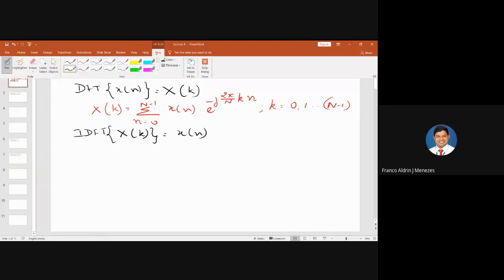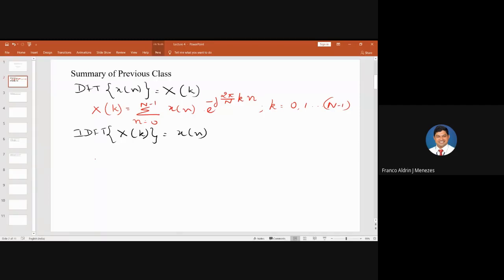In that case, x of n was equal to 1 over n times summation k is equal to 0 to n minus 1 of x of k into e to the power of j 2 pi by n, k into n, and here n is varying from 0 to n minus 1. These two definitions we will be using for our problem solving. Today we will just concentrate on the first part, that is the DFT part.